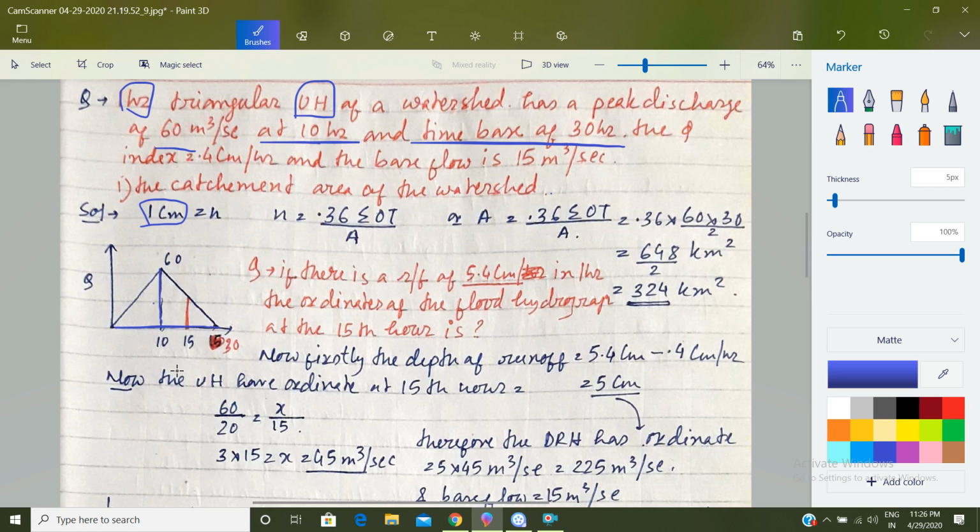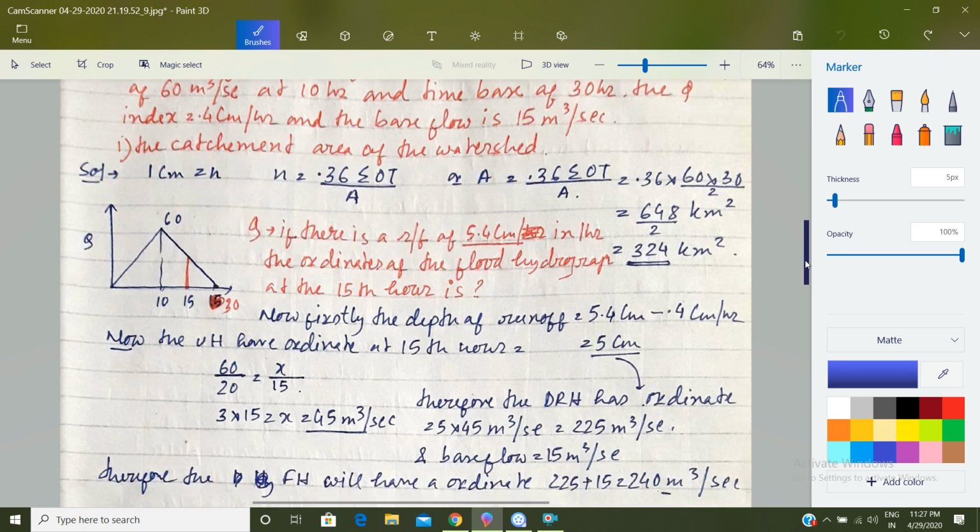So half into 30 hours into 3600 seconds into 60 meter cube per second will be the area of this graph, meaning the volume of the total runoff. Now volume divided by 1 centimeter, the depth of runoff, will give the area of the catchment. We need this catchment area of the watershed. Just do it, you don't need to follow the formula, just do it with concept.